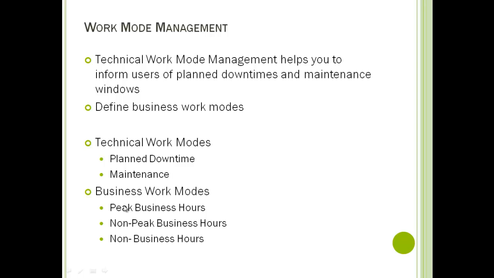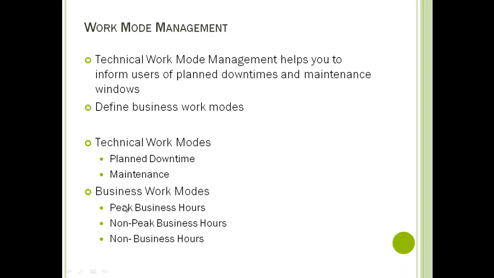Then we come to the third one, non-business hours. In this third category also the system is up and running. Users can use the system. But we assume that during this time most of the end users are not logged into the system. There is no load expected. Let's assume at night time there is no user logged in.